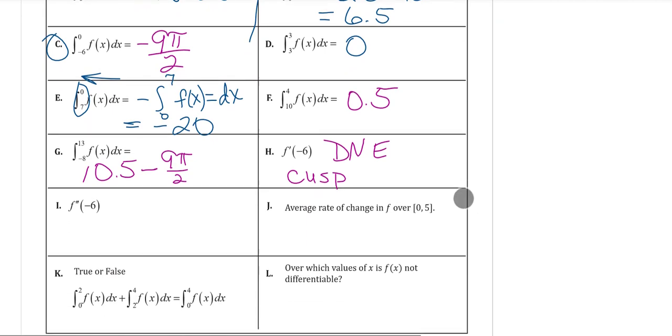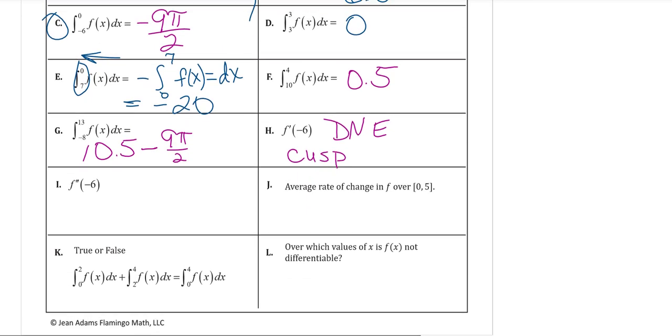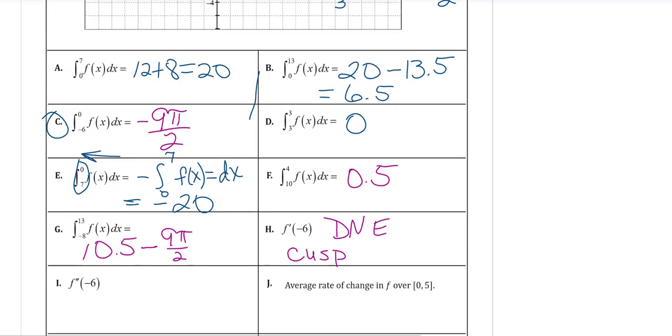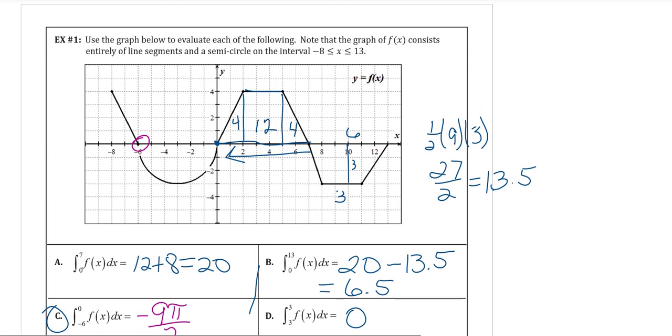Okay, so finishing this section up, f double prime of -6. So if we look at the graph at -6, what we see here is as we're approaching -6, we have a linear rate of change there. So if you take the derivative of that derivative, that would be the second derivative, we're going to get 0.